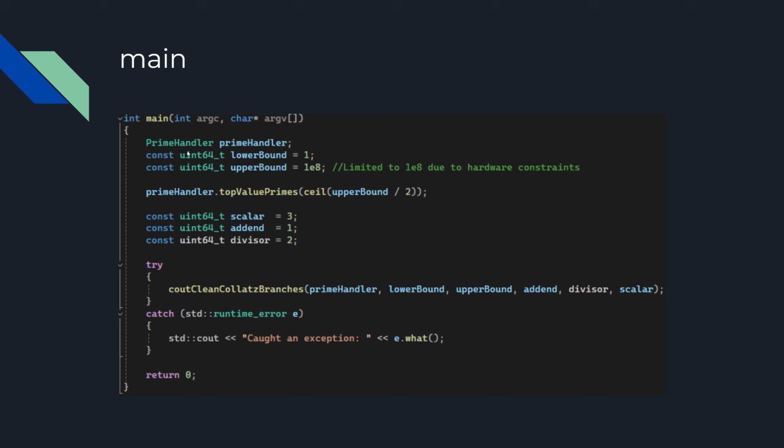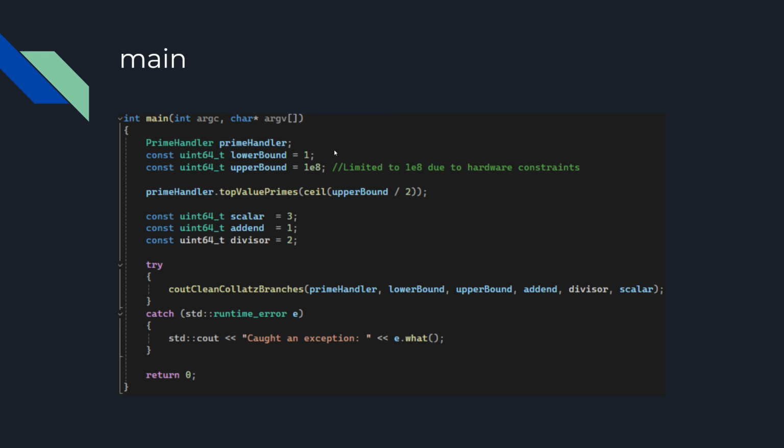We have this prime handler function, or object, that I have shown some ways of how it works in other videos, and I'm not going to show it here. I kind of encourage you to go and watch those if you're curious, but that just handles anything with prime numbers that I care about. But here we're going to say, okay, what's the lower bound of Collatz seeds that we're going to throw in, and what's the upper bound?